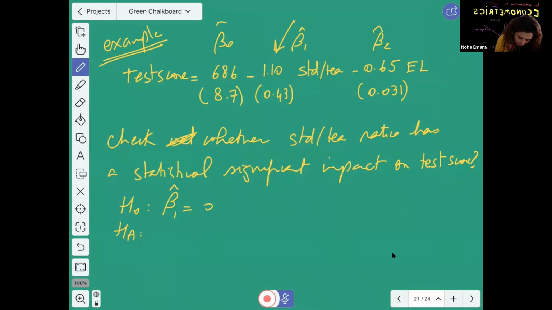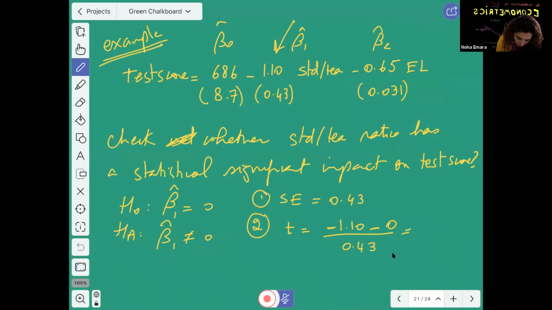In step 1, the standard error is given, so you don't have to compute it. It's 0.43. Step 2, the t-statistic is equal to the coefficient minus the coefficient under the null, over the standard error of the coefficient. This gives you negative 2.54. Step 3, calculate the p-value.